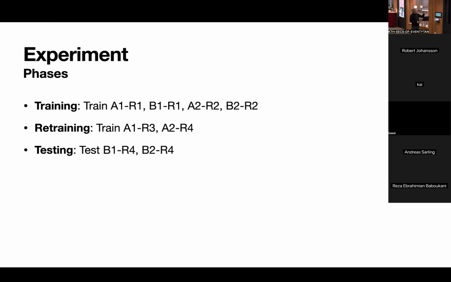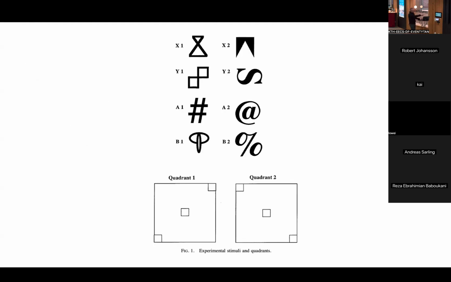With symbol B1, we trained the same response, R1. So A1, R1, and B1, R1. And we also trained A2, R2, B2, R2. And then they retrained the children to do R3 and R4, which is to put it in other corners.